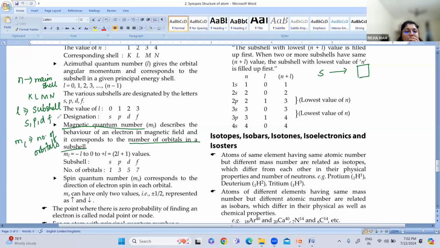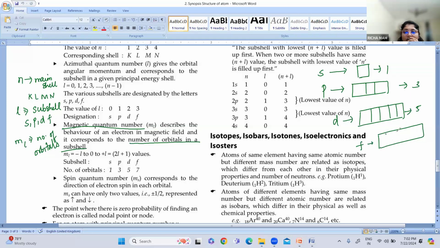So in S, P, D, and F, S has one orbital. P has three orbitals. Then D has how many? D has five orbitals. And F has how many?